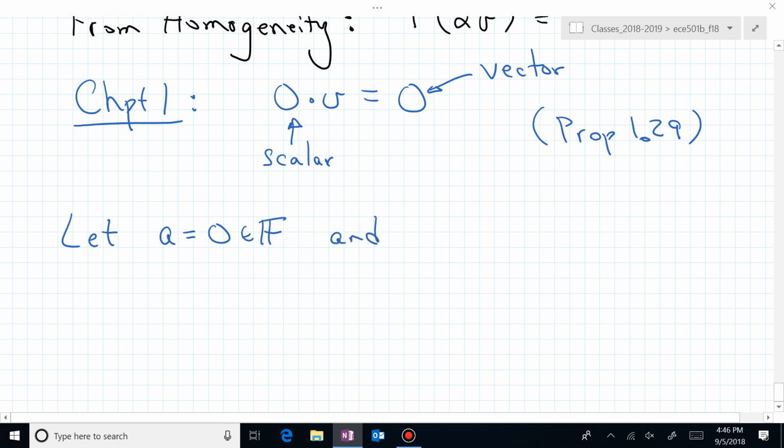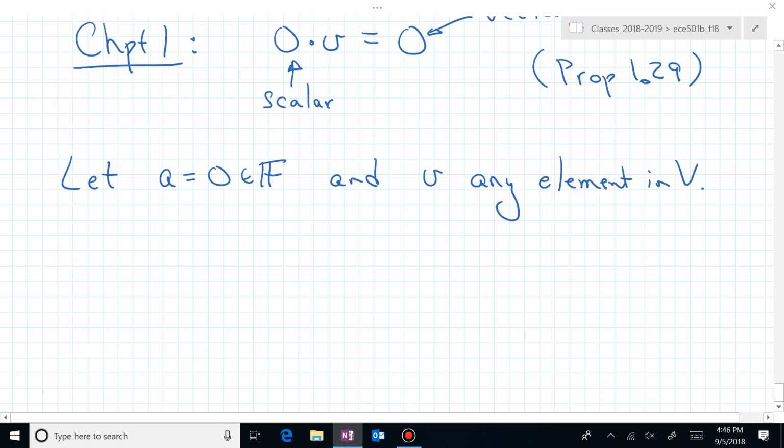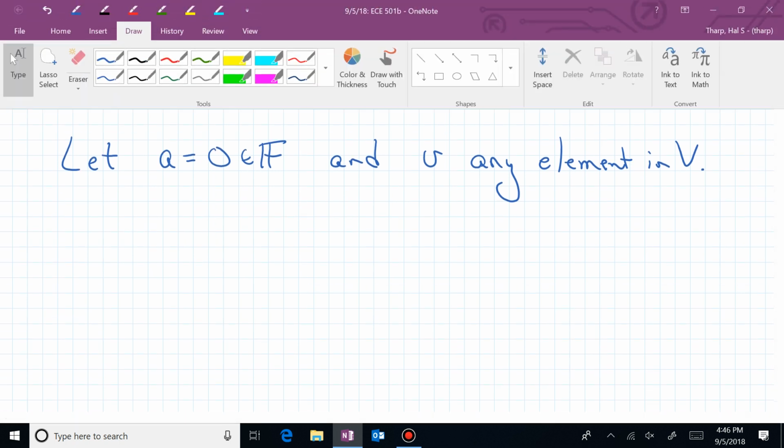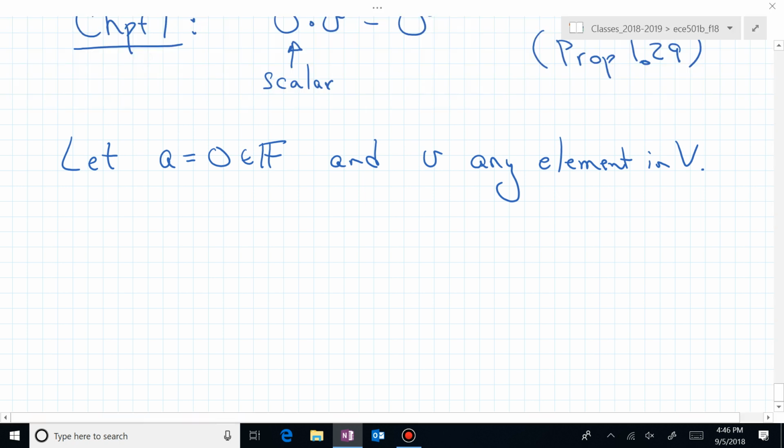And V can be any element in the input space, vector space V. Now we have T of 0 times V. What's the argument?